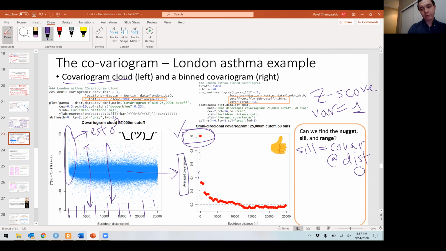The nugget is then this discontinuity as we go from a distance of exactly 0 to something just beyond 0. That's that non-spatial variance. So this right here is our nugget. This right here is our sill. This distance is the nugget.